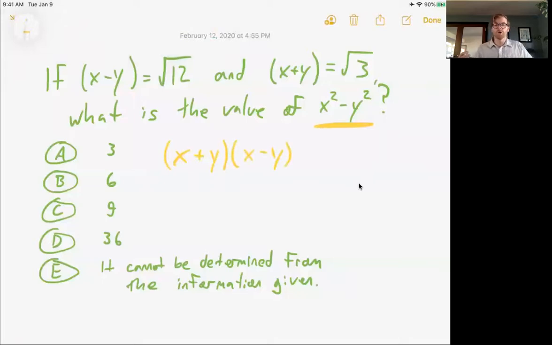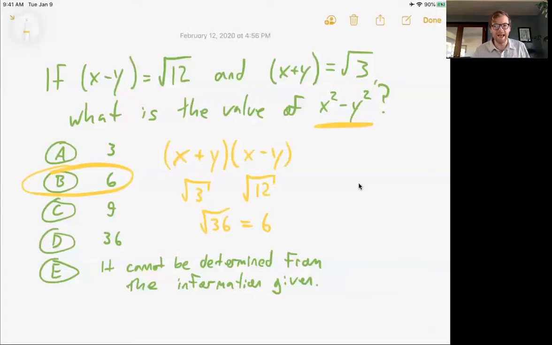And then you go, oh, wait, look at that. They gave me x plus y and x minus y. It's just going to be x plus y is root 3, x minus y is root 12, root 3 times root 12 is root 36, which equals 6. Answer B.